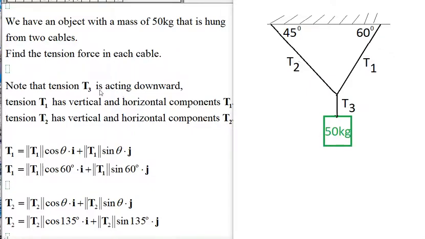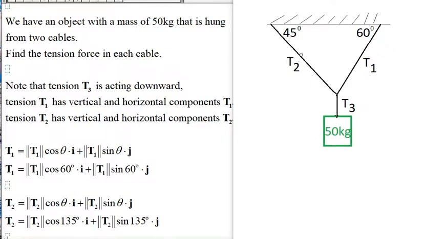And so notice that for this cable right here, the tension force is acting downward. And for this cable, call it cable 1, the tension force is acting in this direction, upward like this. So some of the tension force in this cable will be upward and some of it will be to the right.